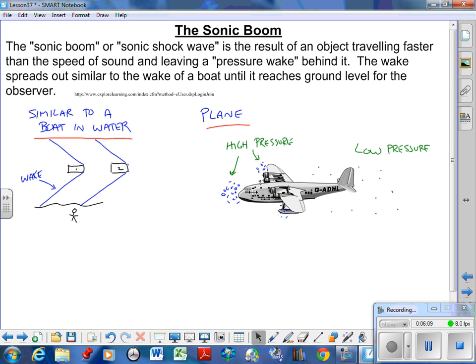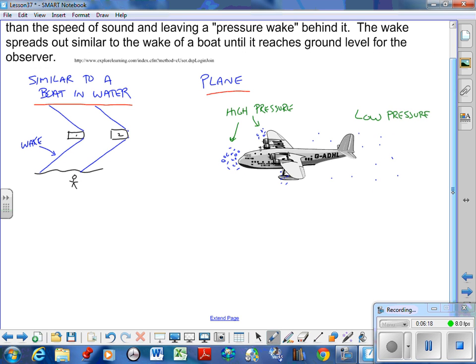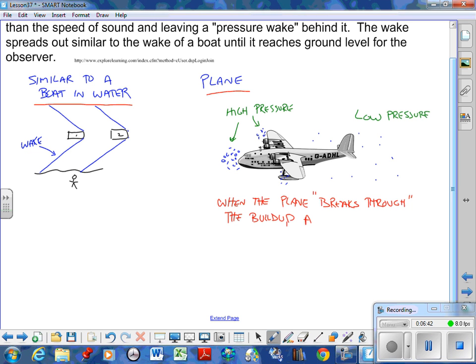What happens then as the plane breaks through, or kind of cuts through that barrier, we get what we call a pressure equalization. So when the plane breaks through the buildup, a pressure equalization occurs.